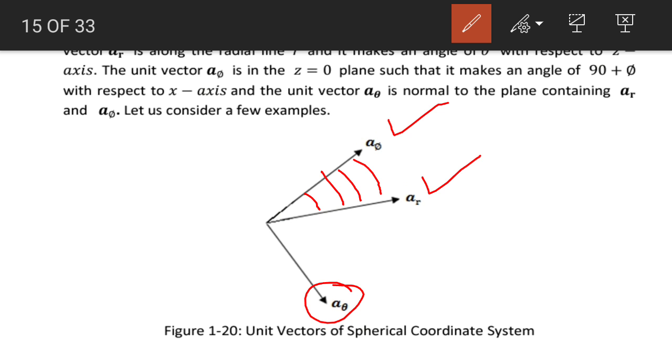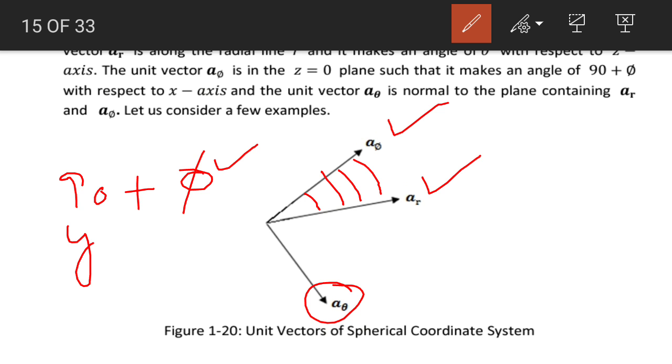a_r is along the radial line r. This unit vector makes an angle of theta with respect to the z-axis. a_phi will be in the z = 0 plane, and this unit vector a_phi will make an angle of 90 plus phi with respect to the x-axis. So if phi is 0, a_phi will be along the y-axis.